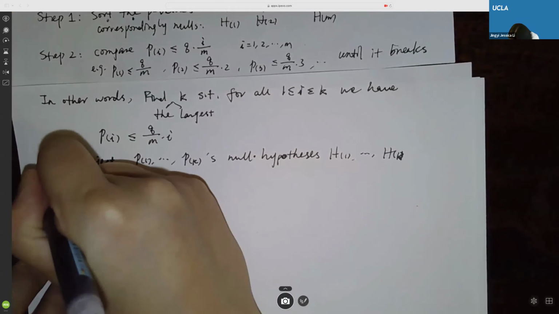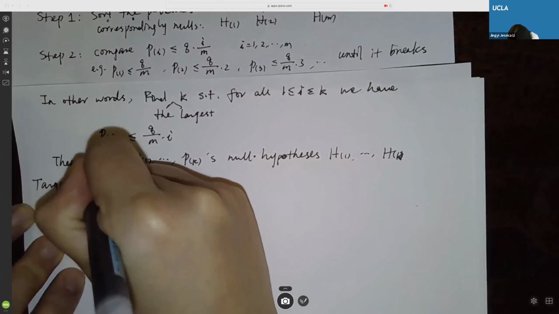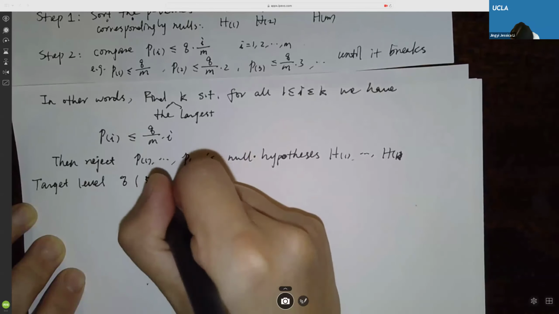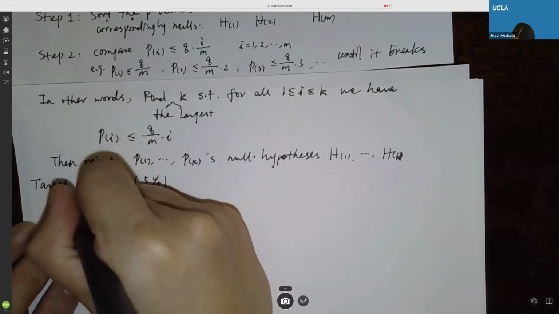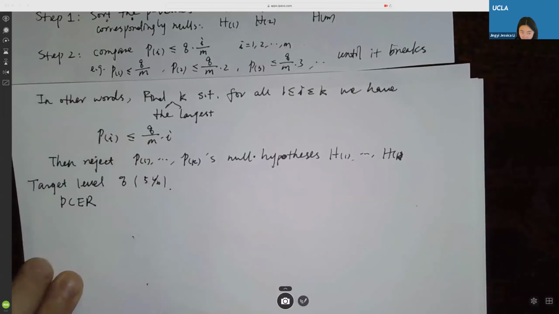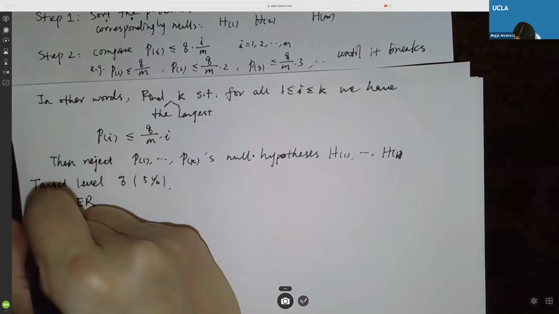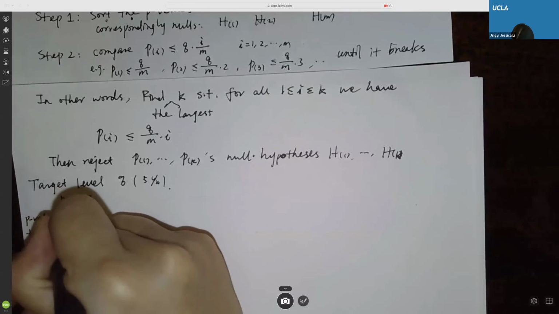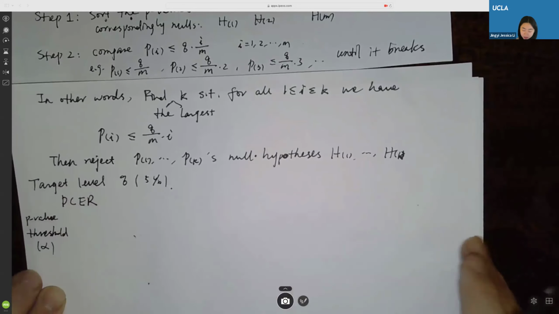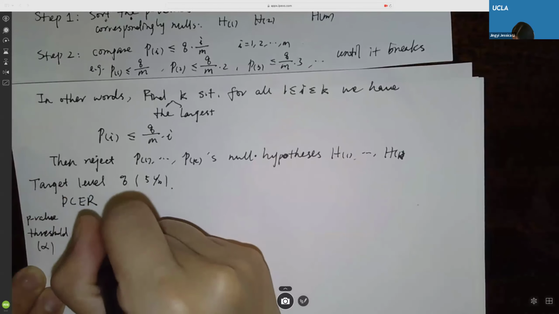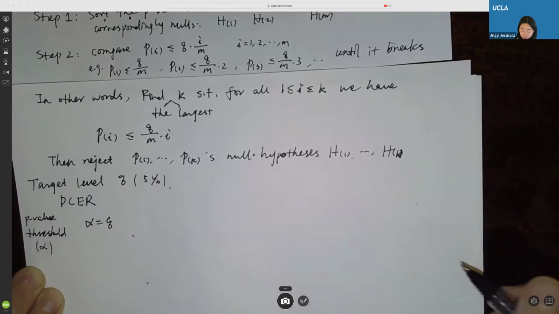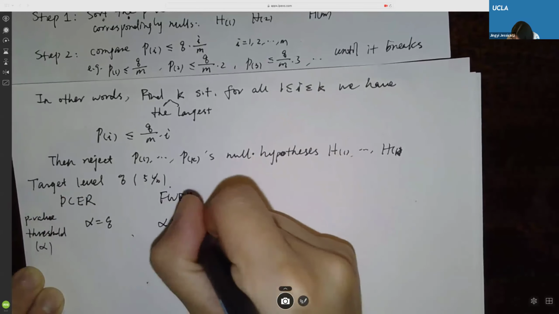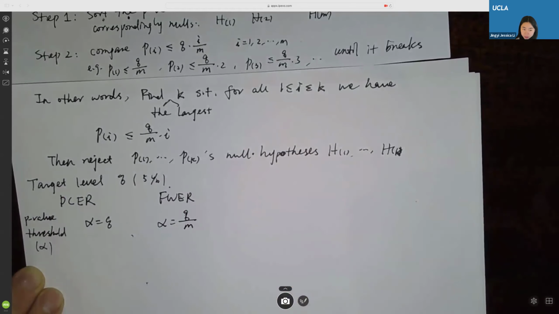Okay, so then you can see why I said this is less conservative than the Bonferroni correction. Let's say that given target level q, say 5%, for PCER the p-value threshold, or maybe people call it alpha in many cases, PCER just has alpha set to q. While for family-wise error rate, we can set alpha as q divided by m to control it to q.